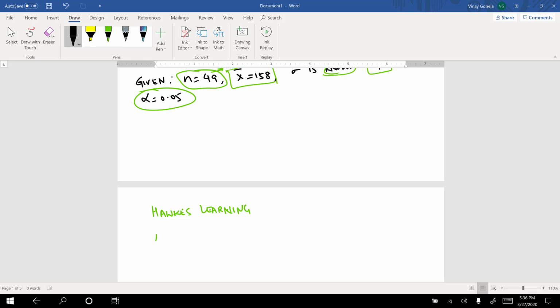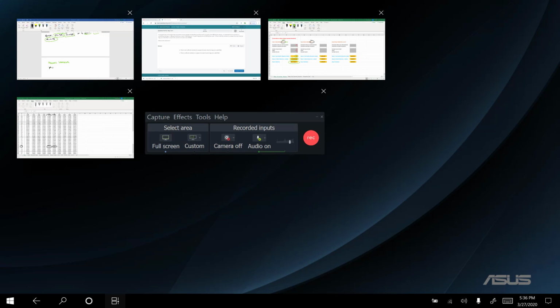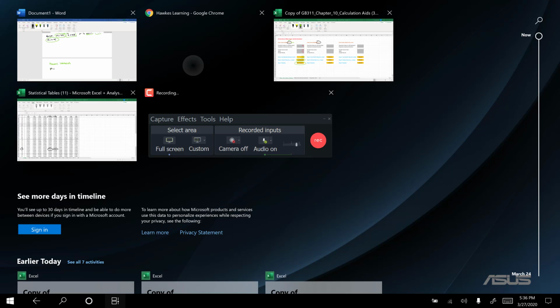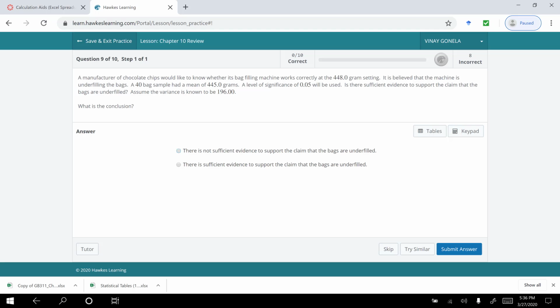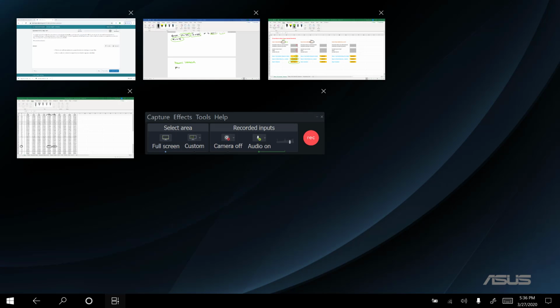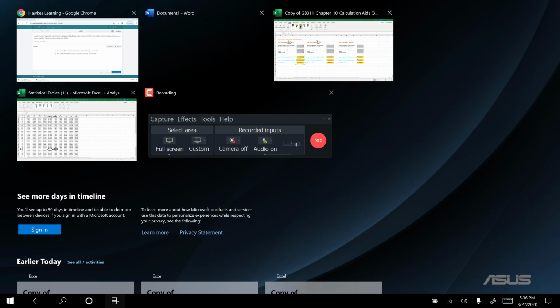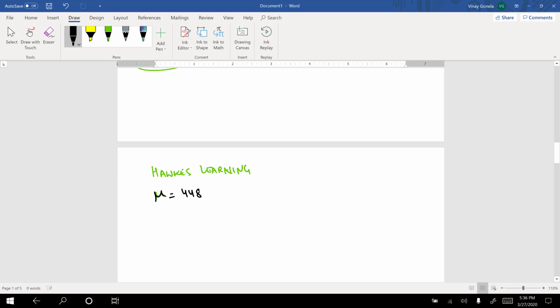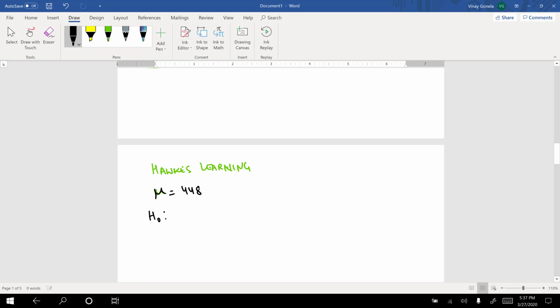So our mu, let me cross check, our mu is 448. So mu is 448, and then they are saying the bags were underfilled.